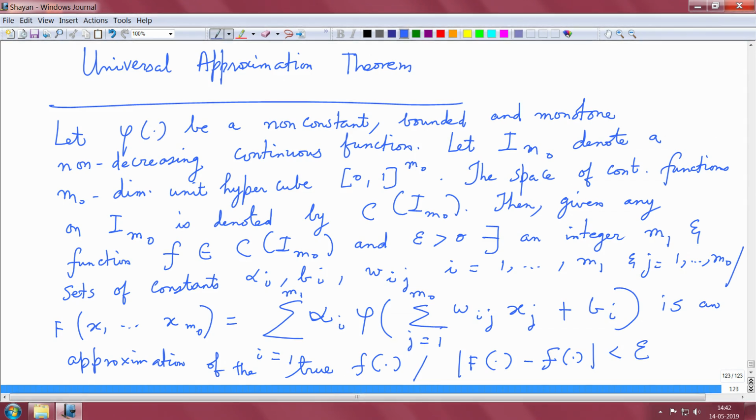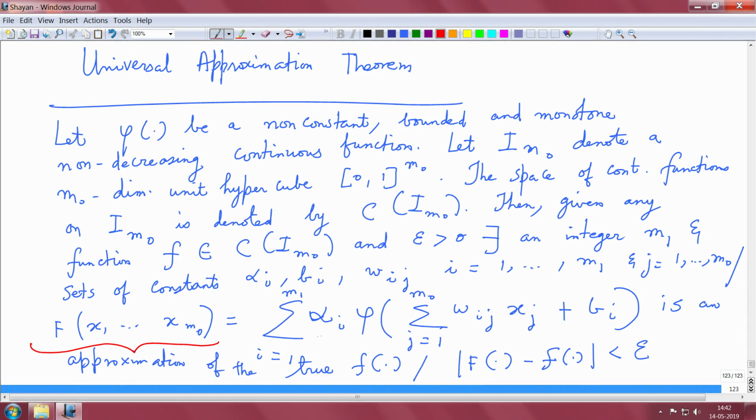Now, what this means is, if you can see the connections of the form of the approximating function that I have written down here, maybe I will erase this, you just focus on this approximation function.